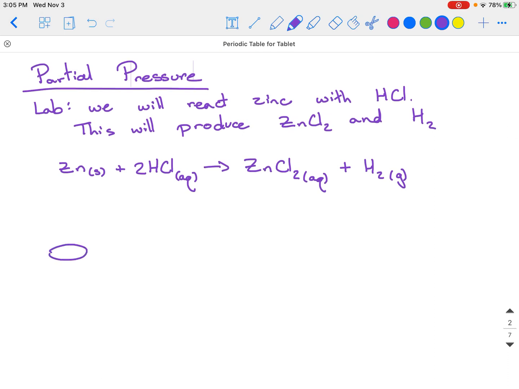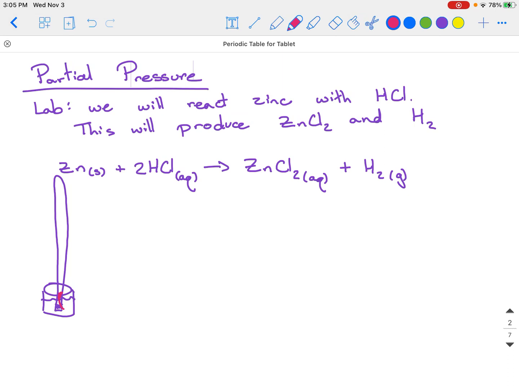What it'll look like is basically you'll have, now let's see, I probably want to make it further down here. You'll have a beaker with some water in it. You'll get a big long tube with a stopper and a little hole, so that way you can have some pressure equalization going on.